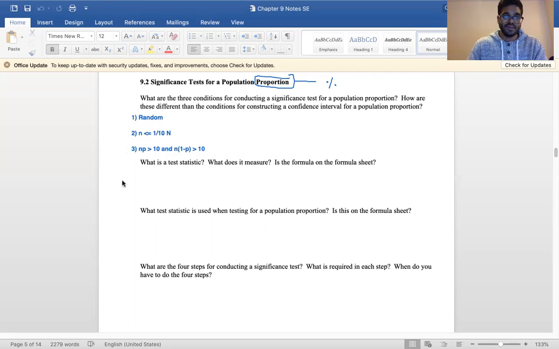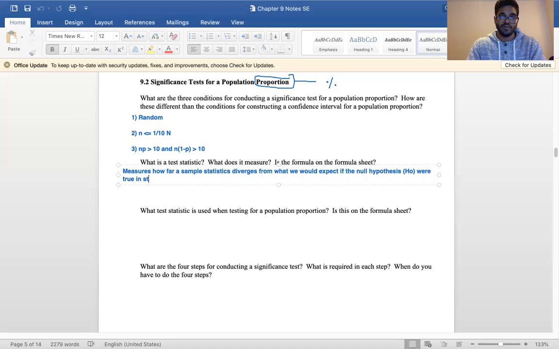So what is a test statistic? This measures how far a sample statistic diverges from what we would expect if the null hypothesis H0 were true in standard units.